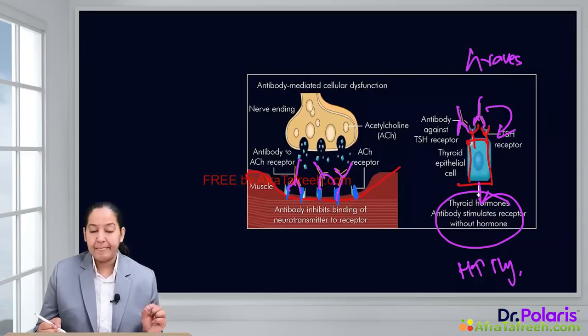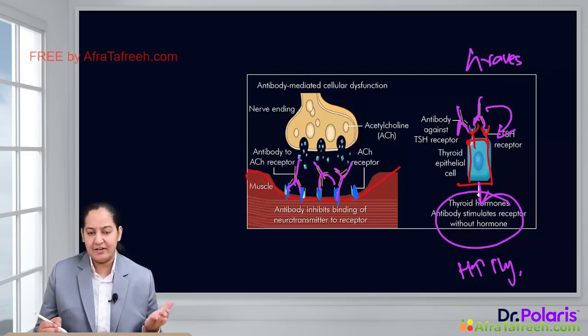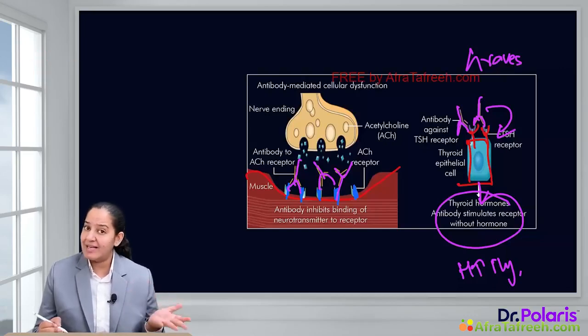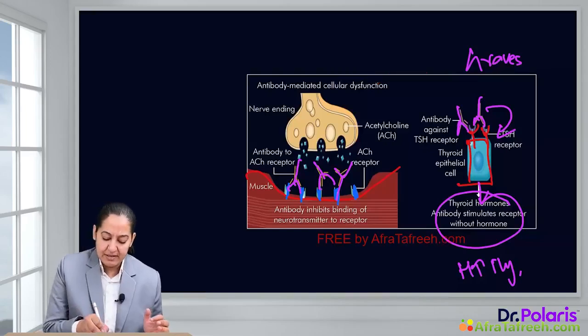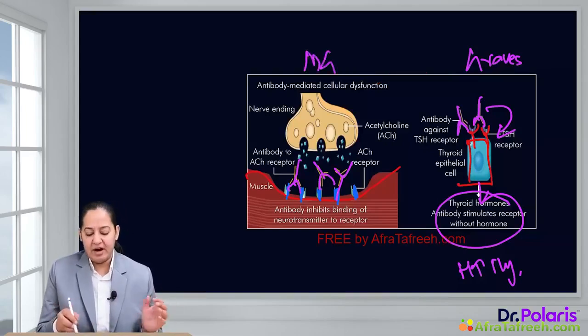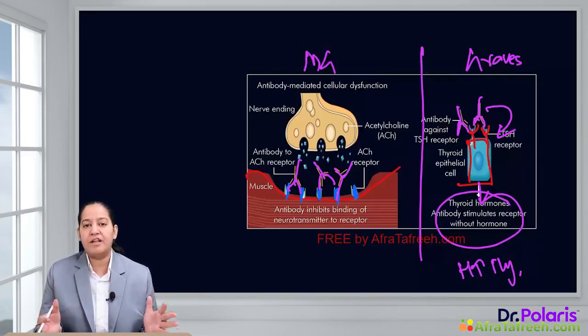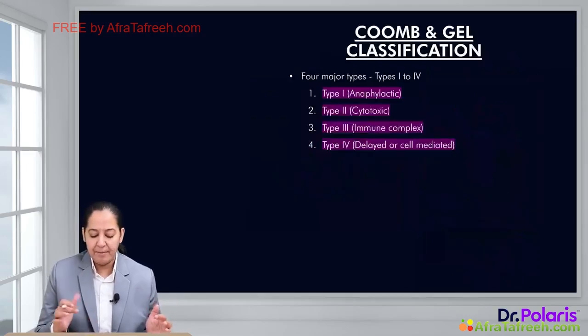When these antibodies bind with the antigen present on the cell of the skeletal muscle, they cause stimulation. So when the muscarinic receptors are stimulated in the same way as normal acetylcholine stimulates them, it causes contraction of the muscle. So that is myasthenia gravis. So see the examples of myasthenia gravis as well as Graves disease. In both of them, type 5 hypersensitivity reaction holds good. So these are the examples of type 5.